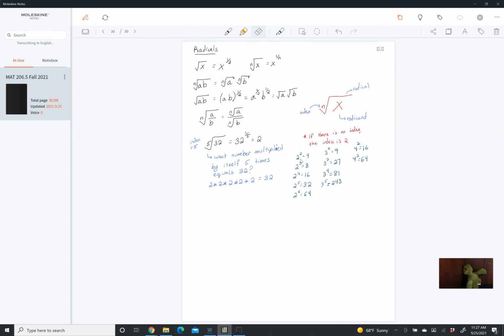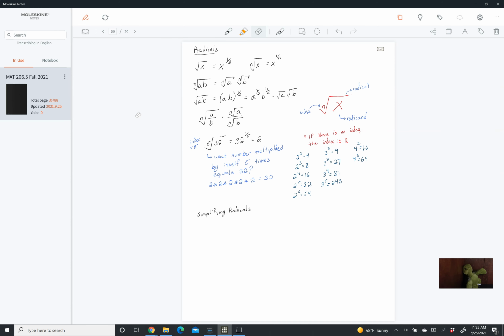Okay, so let's start with simplifying. This is much simpler or much faster than simplifying logarithmic expressions or exponential expressions.